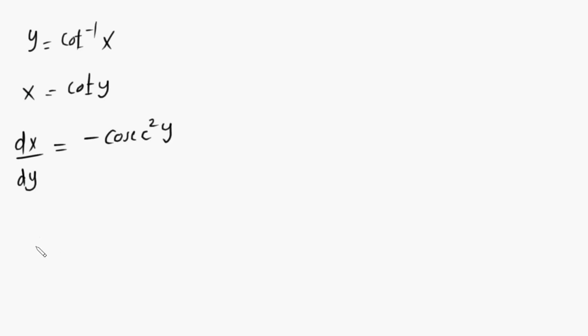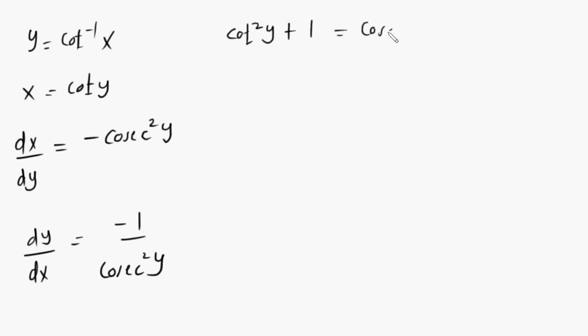So, I want to reciprocate. It's just going to be dy dx is equal to negative 1 over cosec squared of y. I reciprocate because I am looking for dy dx and not dx dy. Well, I have seen that cot squared y plus 1 is just equal to cosec squared y. So in dy dx, instead of cosec squared y, I write cot squared y plus 1.